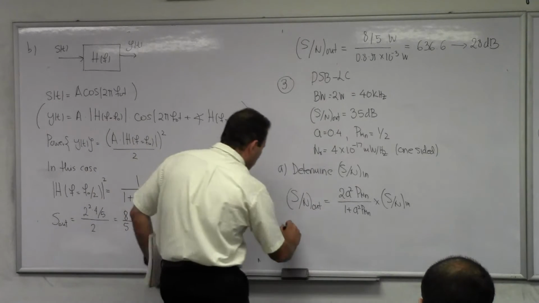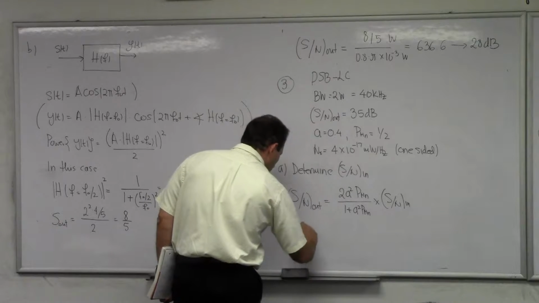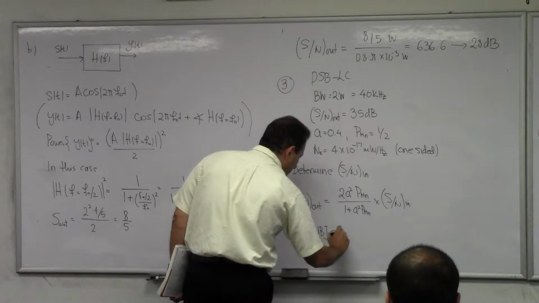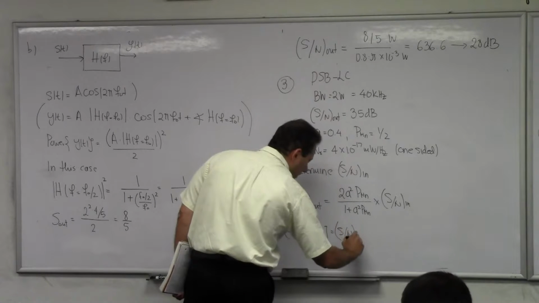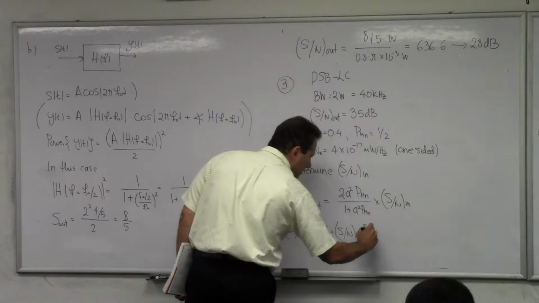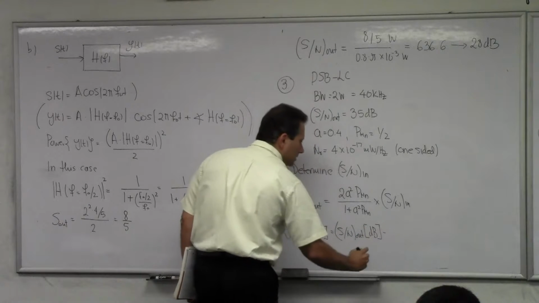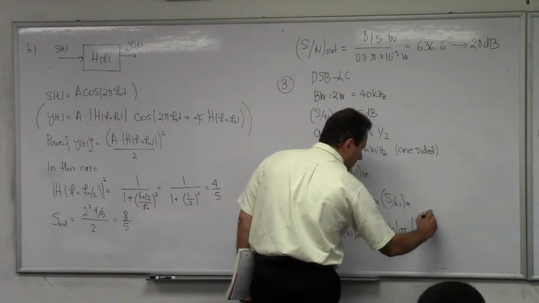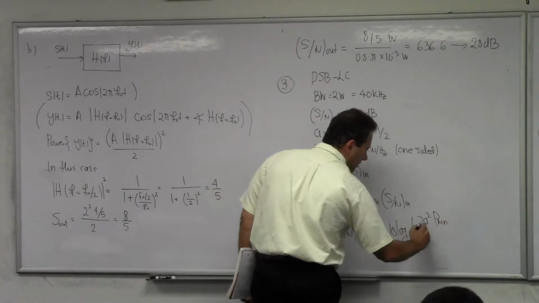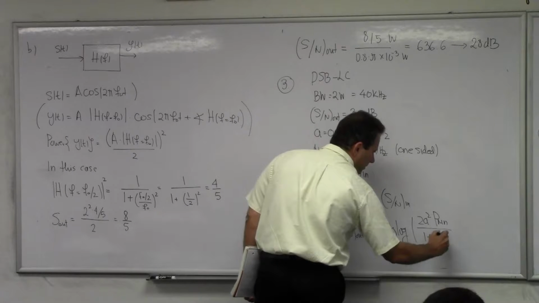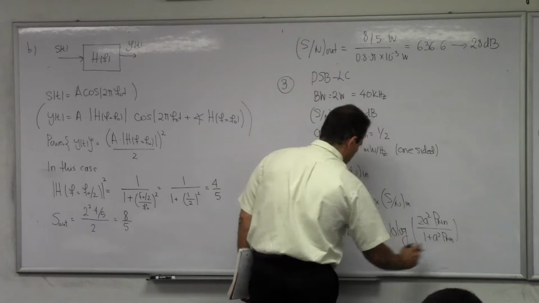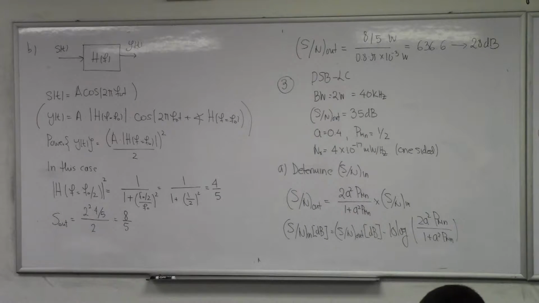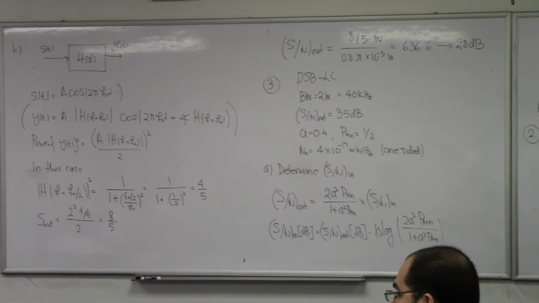From here, signal to noise ratio at the input expressed in dB is going to be the signal to noise ratio at the output expressed in dB minus 10 log of 2A squared times the power of the message normalized over 1 plus A squared times the power of the message normalized. Right, so that's our relationship between input and output signal to noise ratio.